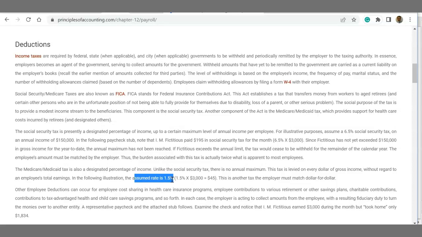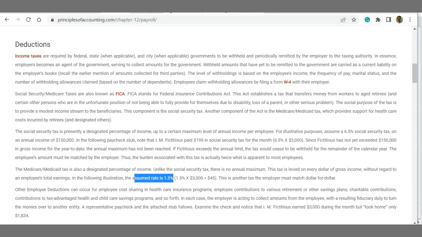So you are an independent contractor and you make $1,000. Out of that $1,000, you need to understand that you need to pay 12.4% plus 2.9%. So what is 12.4 of 1,000? 12.4 plus 2.9. That is 15.3%.